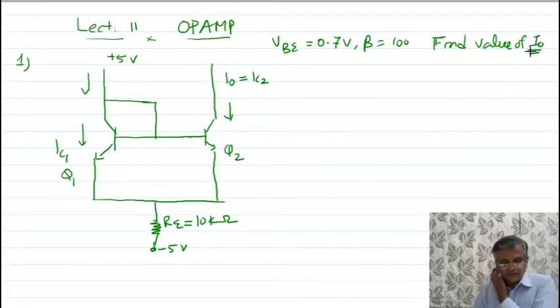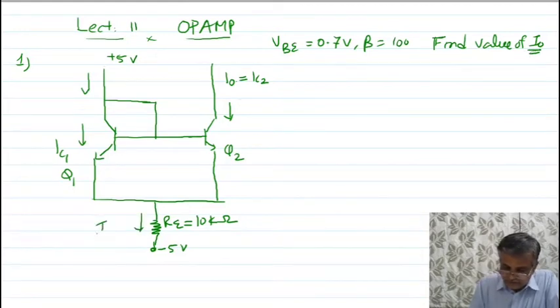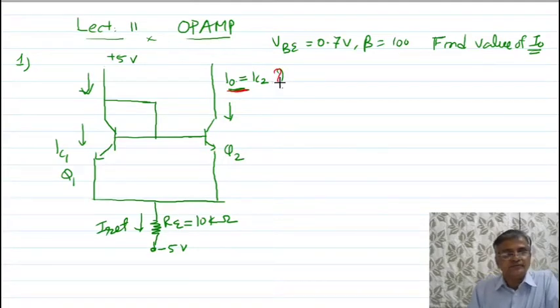These are the questions. Look here, the circuit is given to you. They have also given this current, they have written I reference, and they are asking you to find the value of this IO. What is this value?